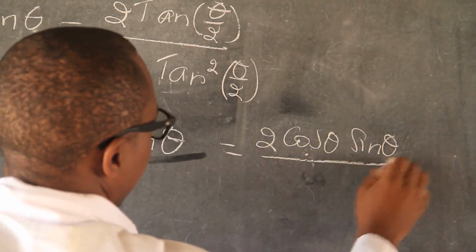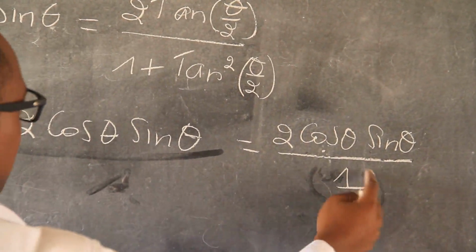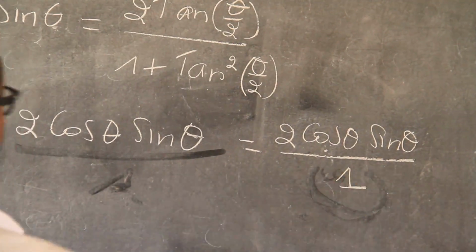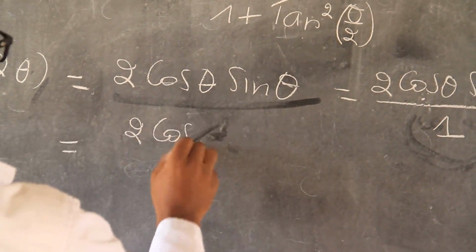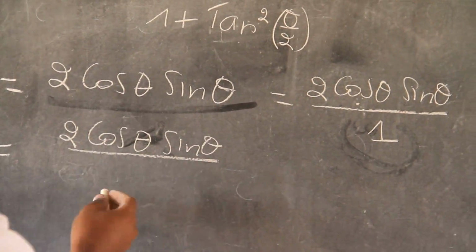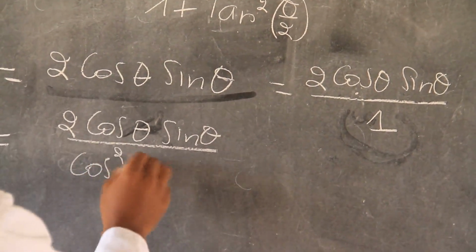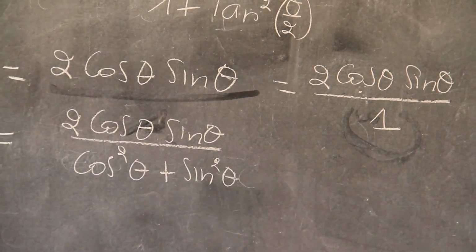If I divide by 1, nothing changes. But this one has meaning in trigonometric Pythagorean formulas. So it is 2 cos sine over cos square plus sine square.